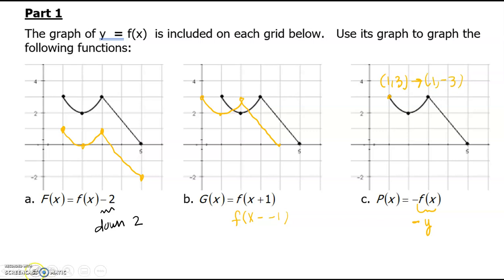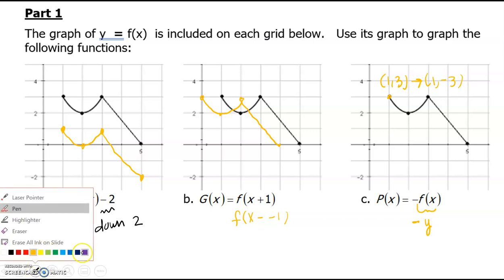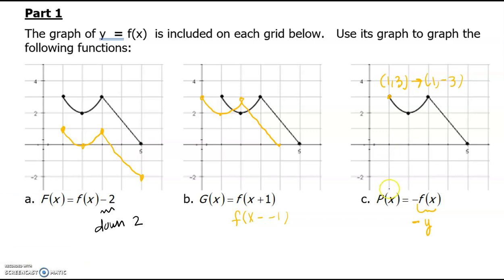And we can do that for all of them. So this is going to become (1, -3). This is (2, -2), (3, -3). 5 is not reflecting because it's at 0. And we can see it is reflected over that x-axis.